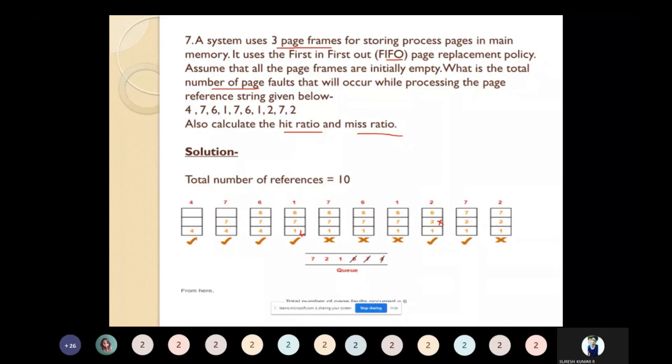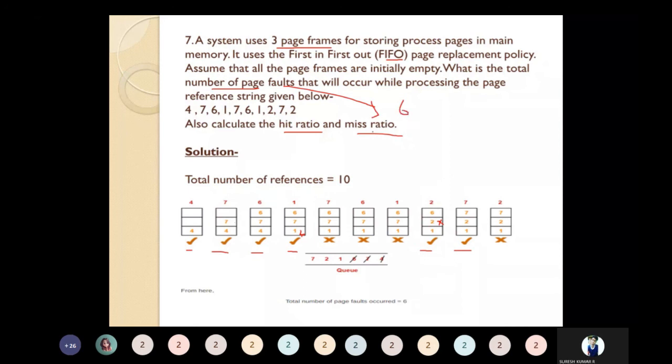The total number of page faults is 1, 2, 3, 4, 5, 6. So the total number of page faults in this FIFO method is 6.